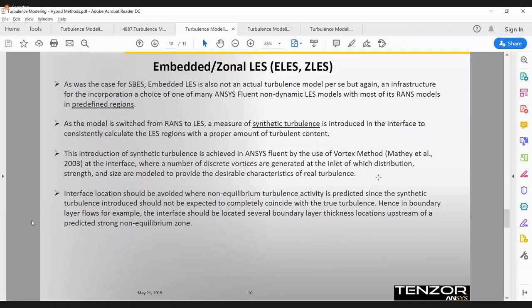Zonal is even more problematic. I mean, problems like synthetic turbulence introduced at the interface, the problem of the gray area, which, as far as I know, are still not soluble.